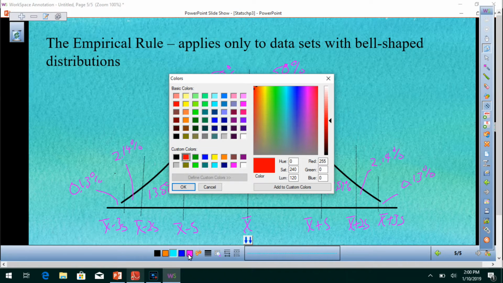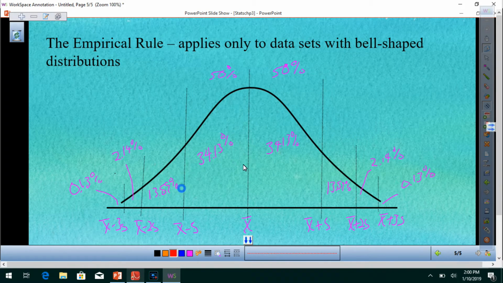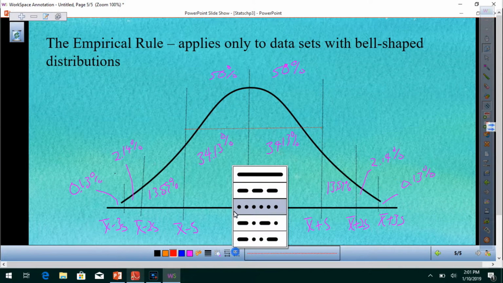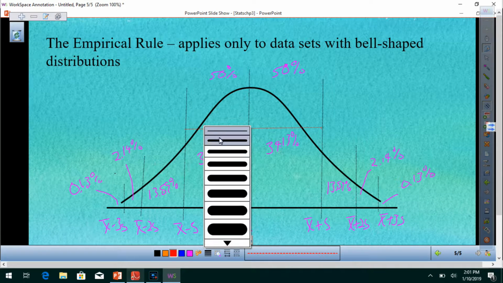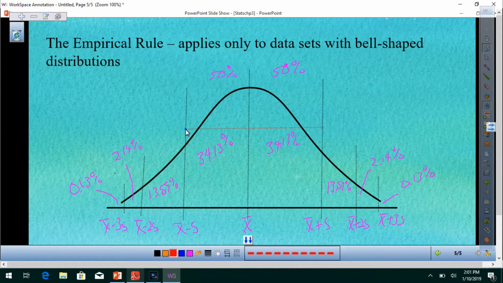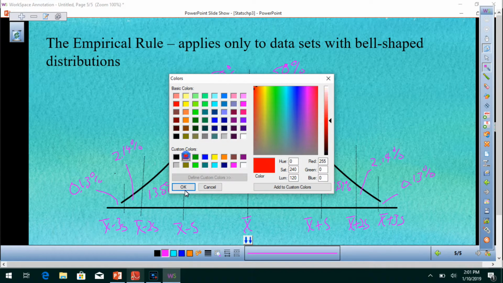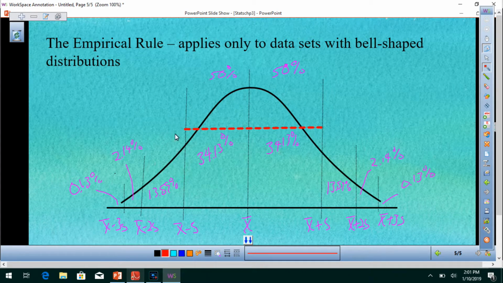We're going to say from this line here to there, and I want a solid, thicker line. From here to here, that's plus or minus 1 standard deviation.